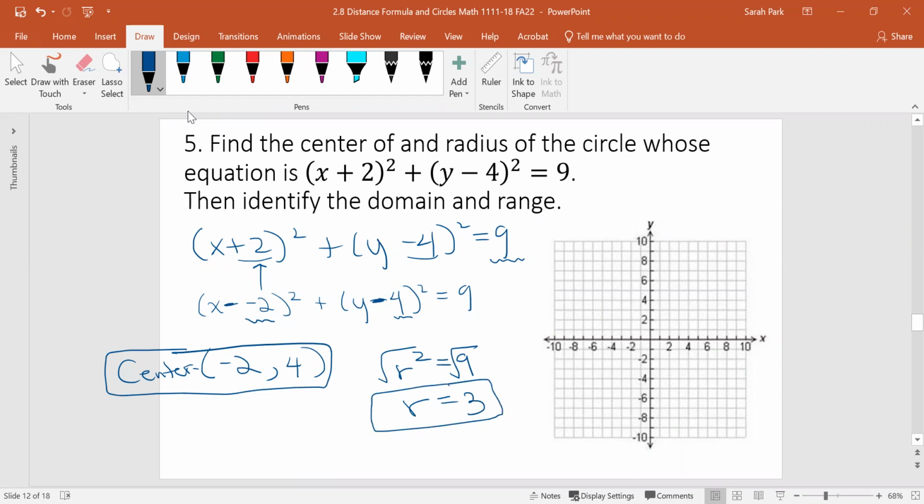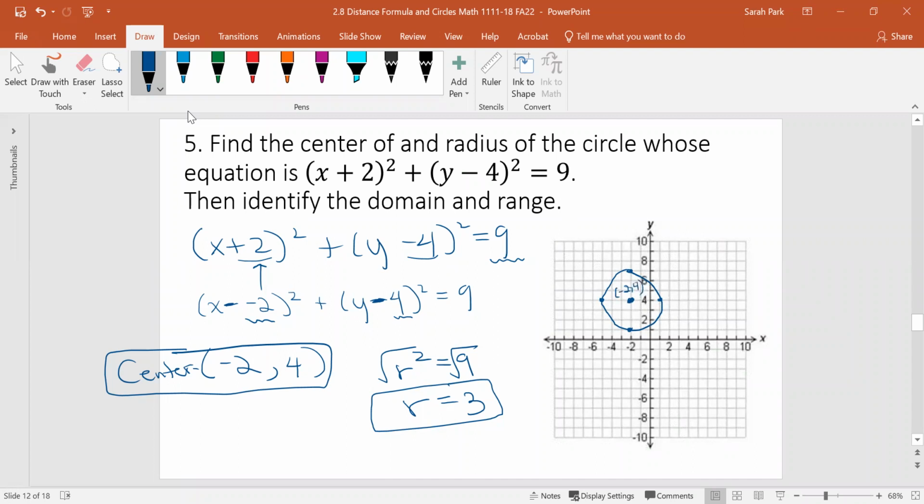And if we were to graph this, (−2, 4) would be located there. Radius 3 means we would go up 3, to the right 3, down 3, and to the left 3. And then we could draw this circle. Okay, so I'll just label this (−2, 4).